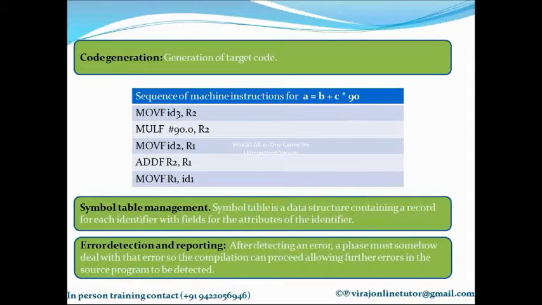These attributes may provide information about the storage that is allocated for an identifier, its type, its scope, and in case of procedures or functions, information such as the number and types of the arguments. All this information related to the identifier is saved into the symbol table.